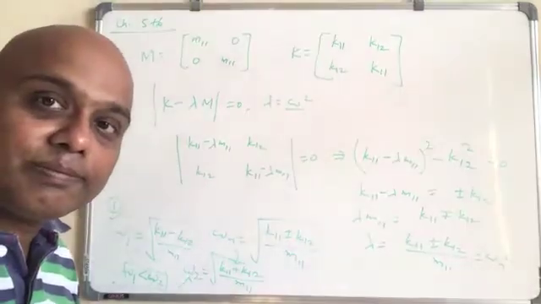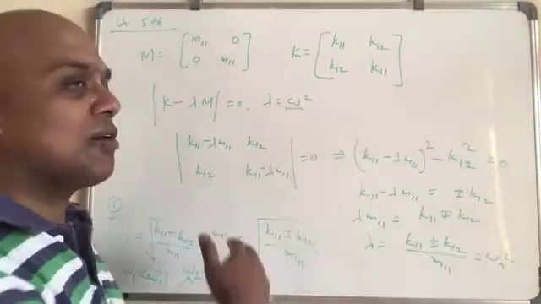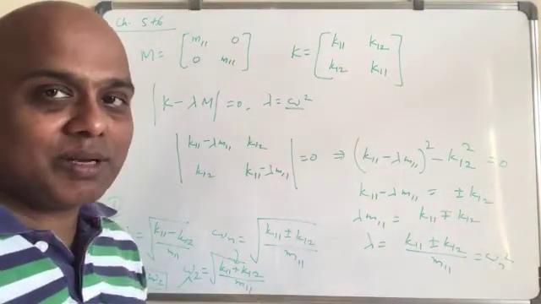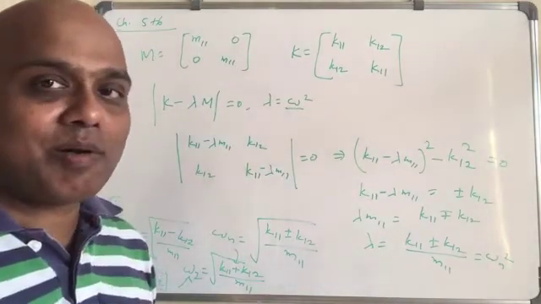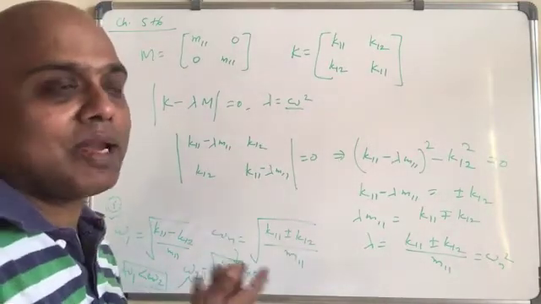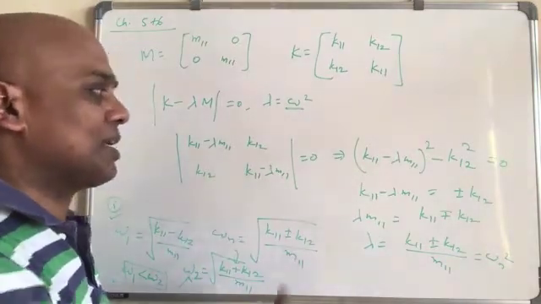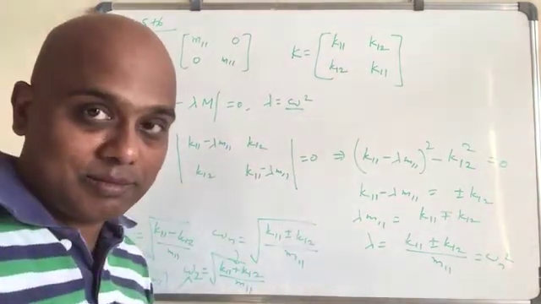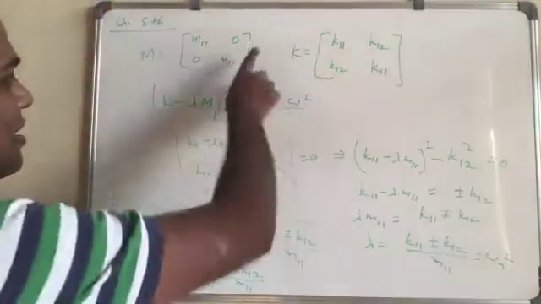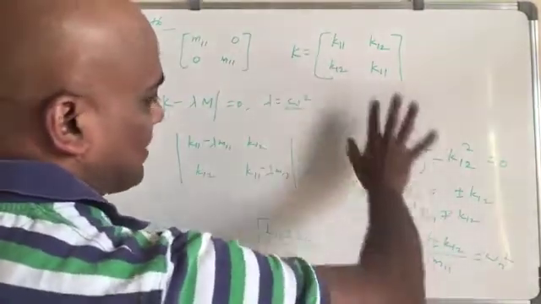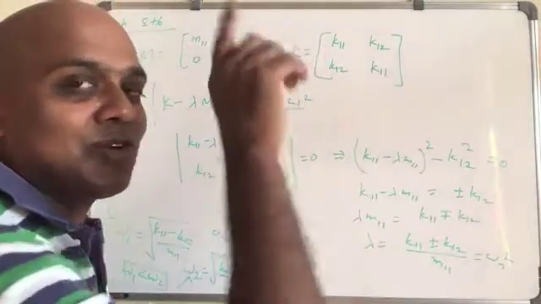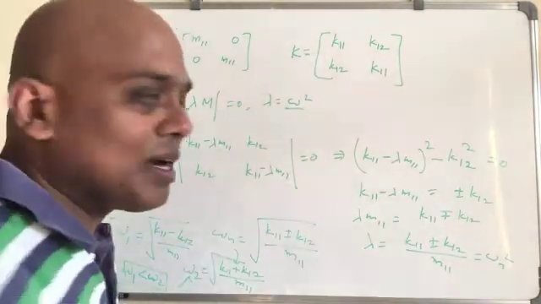Okay, this is the method you have to follow for the multi-degree of freedom system. There are some tutorial problems where you have to do it, and in the lecture also we covered extensively how to find the omega n. The second part was how to find the eigenvectors, the ratio V2 over V1 and U2 over U1.